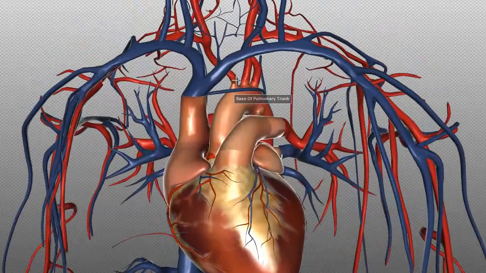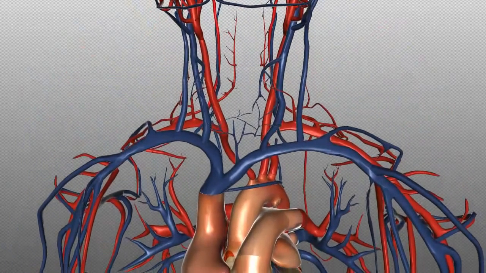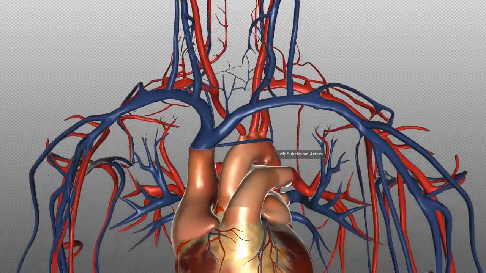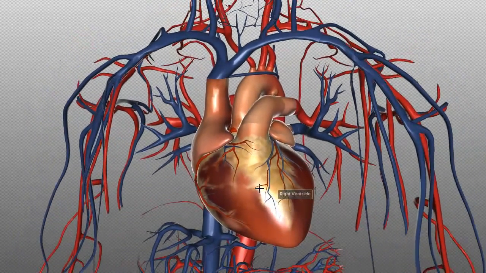The first one is the brachiocephalic trunk, which splits into the right common carotid and right subclavian artery. The middle artery is the left common carotid, and the most posterior is the left subclavian artery, which goes off to supply the arms. So those are some of the major vessels that you need to know, which come off the heart and lead to the heart.